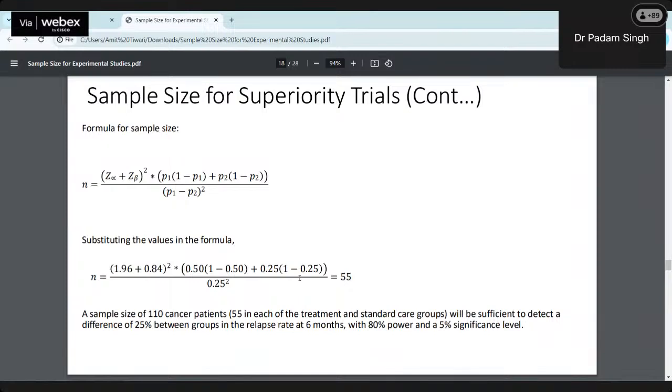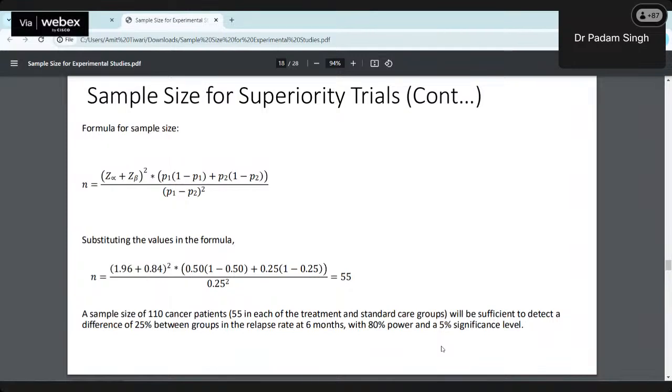That is in the numerator, and the denominator में है 0.25 square. ये सारे calculation करिए. The sample size comes out as 55. For this superiority trial, a sample of 110 cancer patients is required, 55 in each.